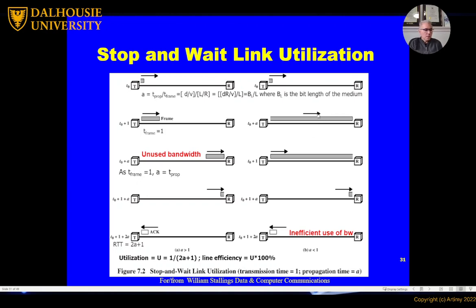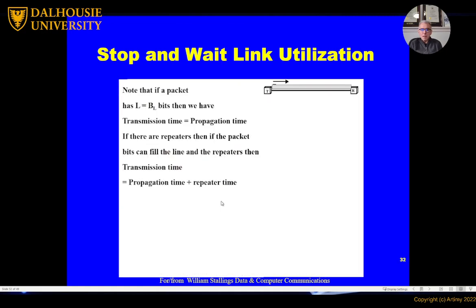The right side here is the situation where the frame size, or the time to send one frame, is actually larger than the propagation time. So here you will see that I am sending. The line is occupied for a long time. So now the only inefficient use of bandwidth is the wait for the acknowledgement.